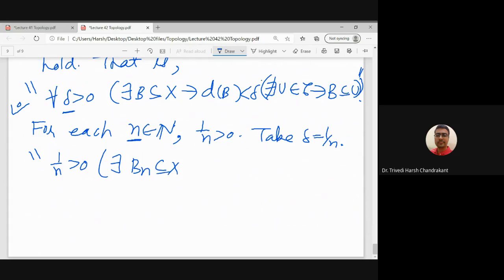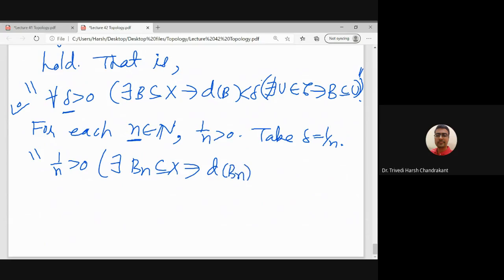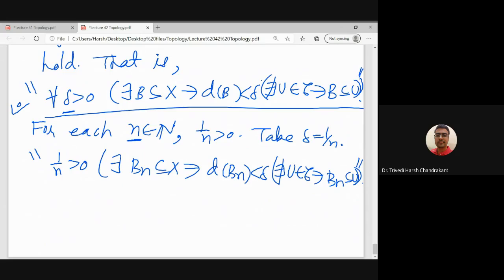So for every n, I'm getting a set B_n such that the diameter of this set is less than 1 upon n, and for this particular set, there does not exist U in C such that B_n is contained in U, right? This statement is true for every delta, and in particular, taking delta as 1 upon n, every delta gives me a set that I denote by B_n.